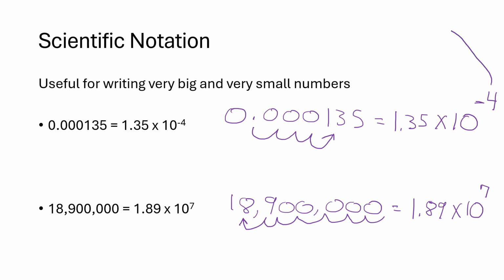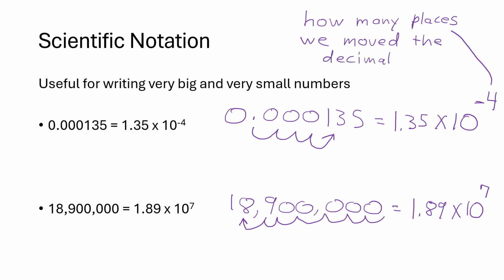That power of 4, that number in the power, tells us how many places we moved the decimal, and that's looking just at the number to give us that. For the sign, I'm going to grab a different color. There we go.